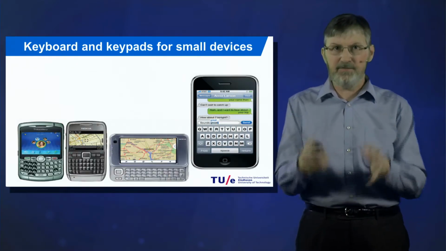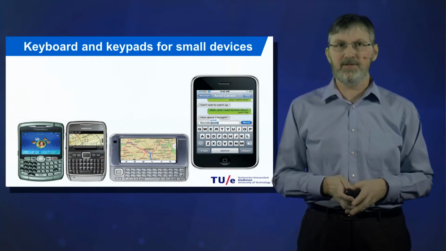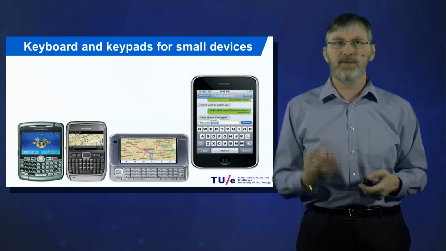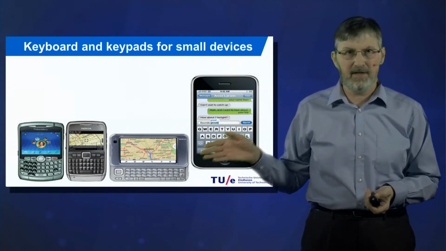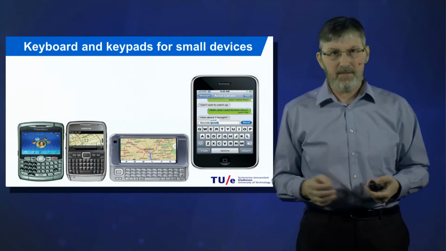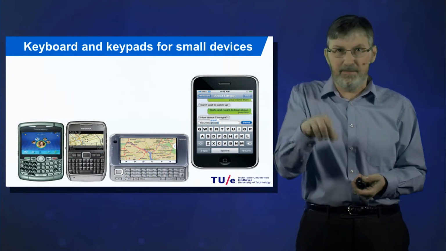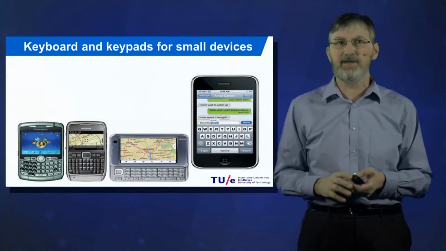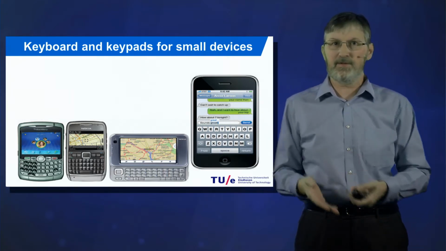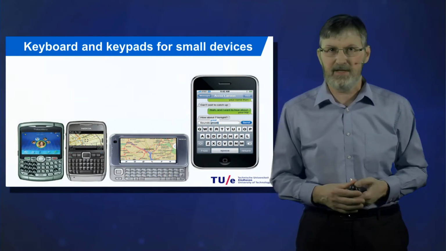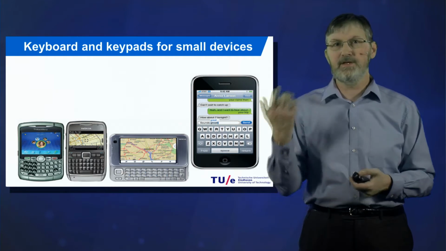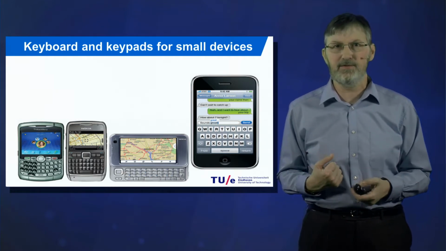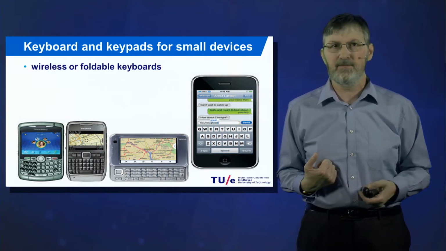On very small devices, we've seen lots of attempts to create usable tiny keyboards. The 3 we see on the left require essentially a kind of a pen to use because the keys of this normal QWERTY or AZERTY or other layout keyboard have become really too small. What we see nowadays more is the use of virtual keyboards on phones.